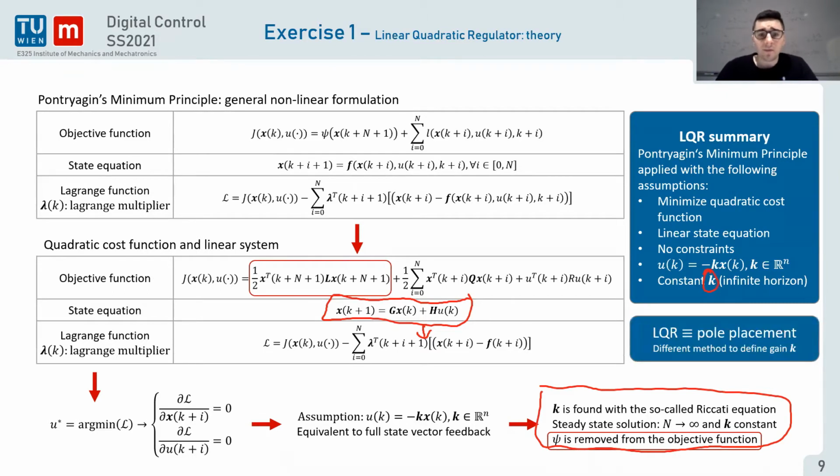What you can see is that this LQR method, or discrete LQR method, is strictly speaking the same as pole placement. The only difference is that it's a different method to define the gain k. With LQR, the controller we have at the end is exactly the same as with pole placement, but the k gain is not defined to decide the location of the closed loop poles, but to minimize this cost function here.